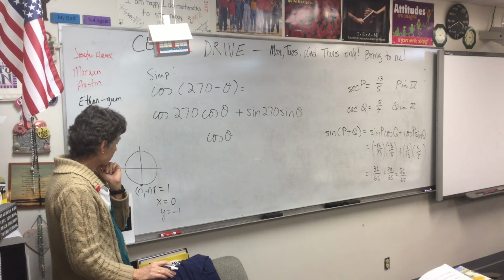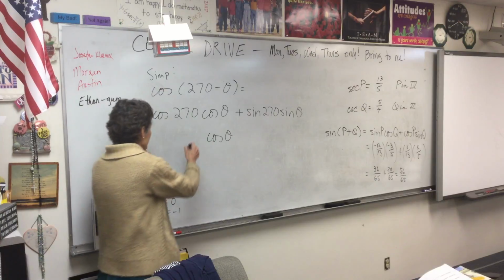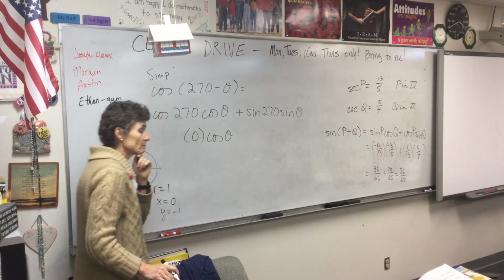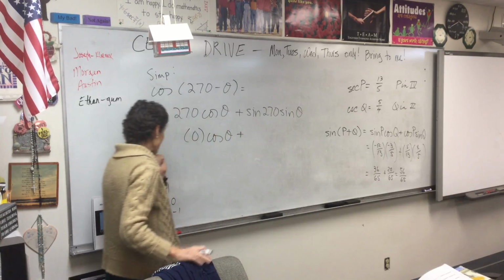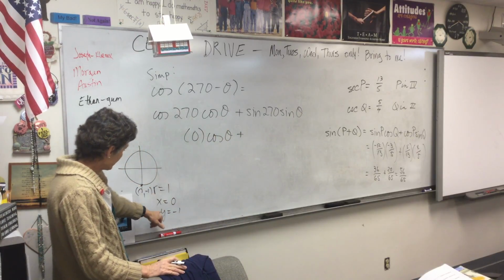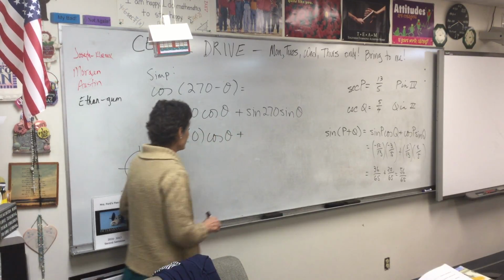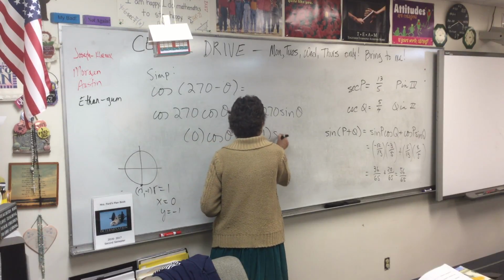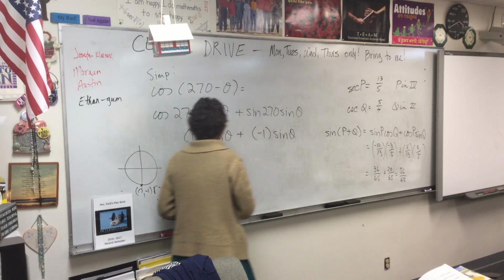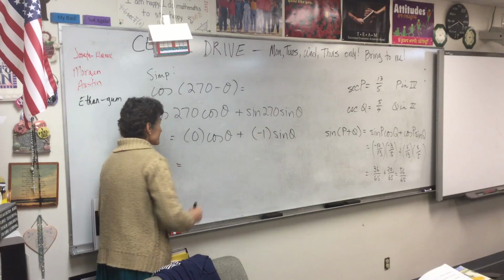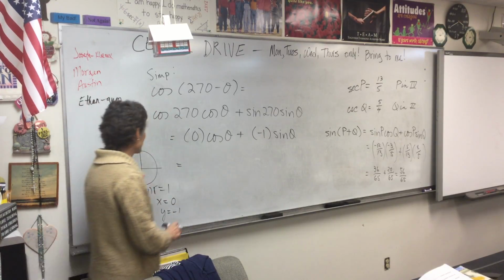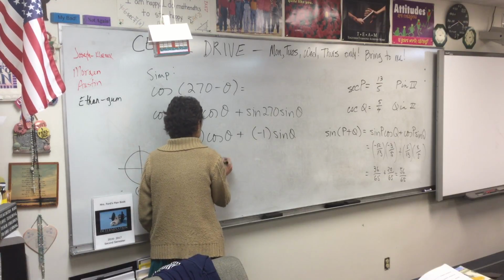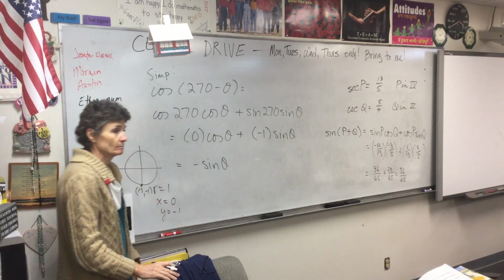Cosine is x over r, so that would be 0. What's the sine down there? The sine of 270? Negative 1. It's y over r, so it'd be negative 1. So what does this simplify down to? Your job was to simplify it. What does it come out to equal? Just negative sine. Yep, negative sine theta.